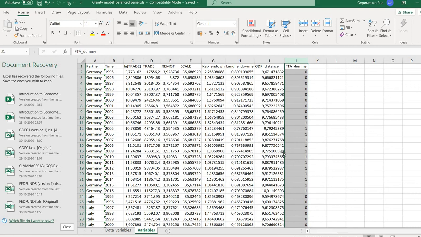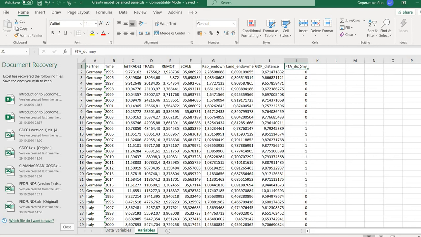If you analyze countries from the European Monetary Union, again, it's a good idea to introduce a Monetary Union dummy. The same applies to FTA, but I already introduced this.